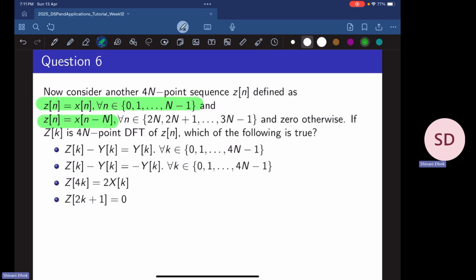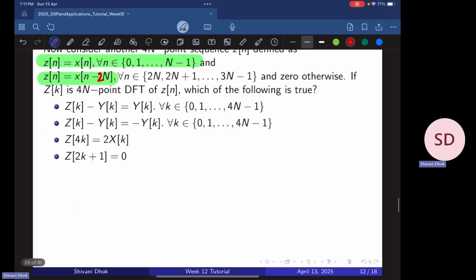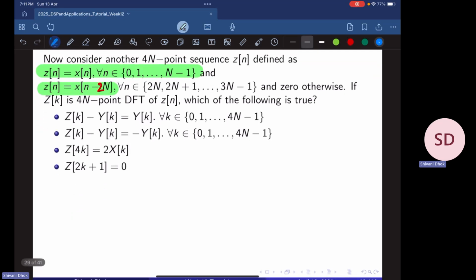Just a moment, I think I made some mistake here. Yes, there should be a 2 here. Fine, this looks okay now. So this is the question that we have.